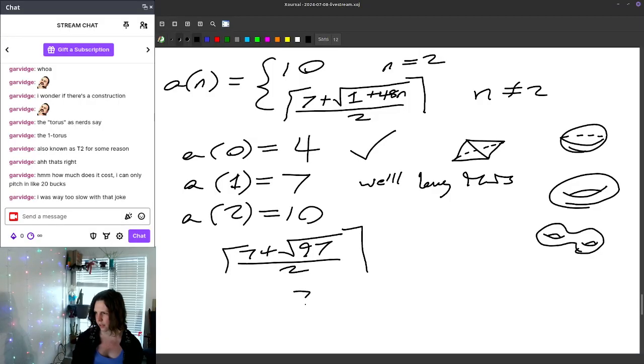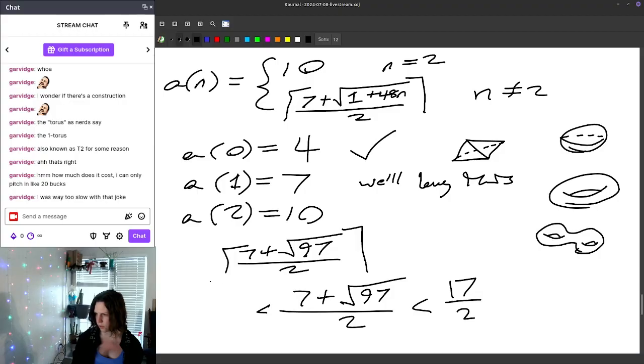So just for fun, this is smaller than 7 plus the square root of 100, so 17 over 2, and on the other side, if I do 9 squared, 7 plus 9 is 16 over 2.